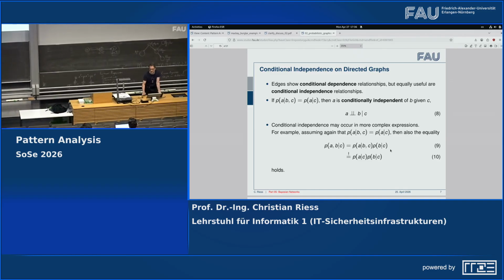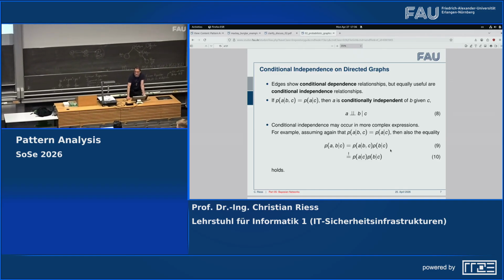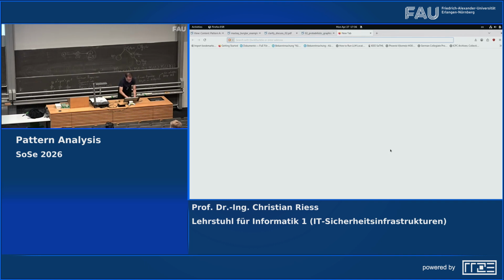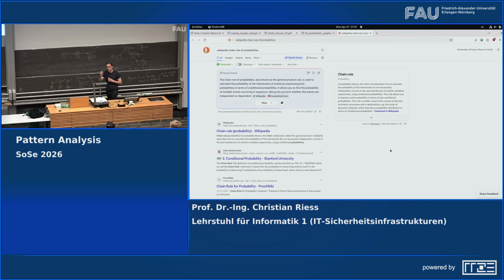It's probably... No, they are not the same, sorry. Let's get some Wikipedia knowledge. What did we say? Chain rule of probabilities. The product rule, yeah.